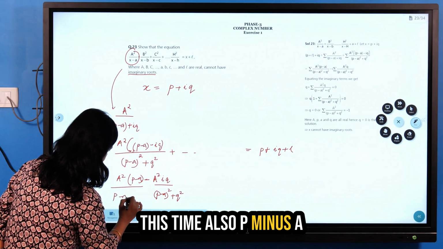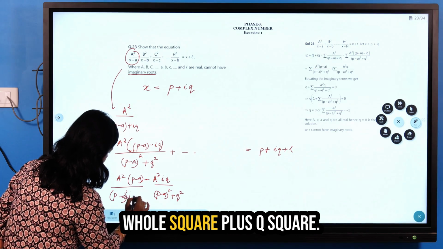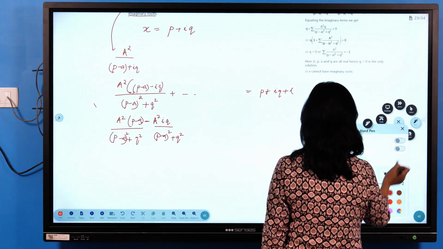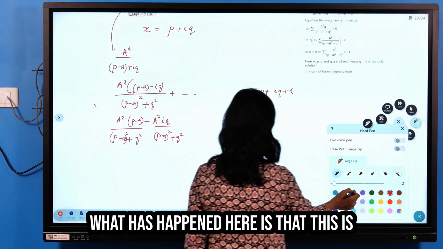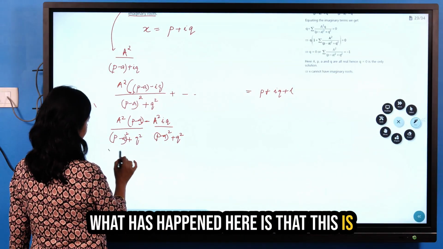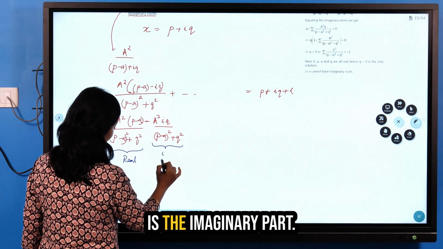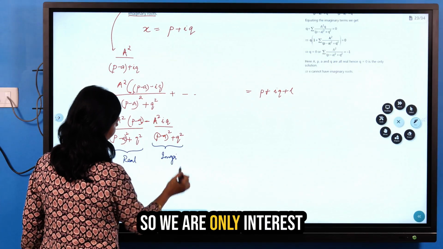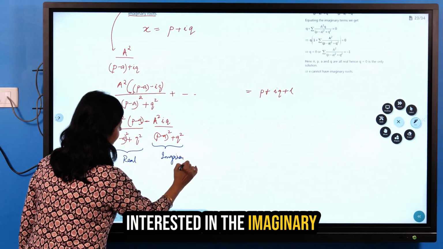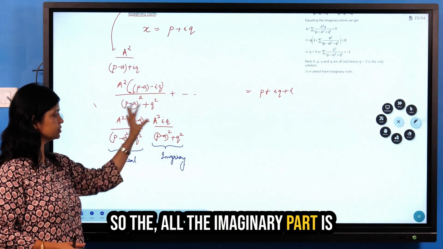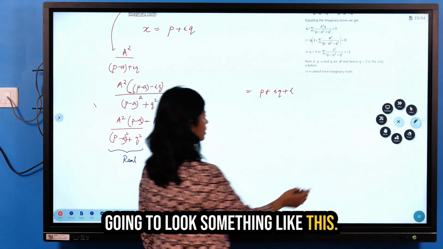This time also, p minus a whole square plus q square. So this is the real part in the entire expression, the first one, and this is the imaginary part. We are only interested in the imaginary part of all the terms.